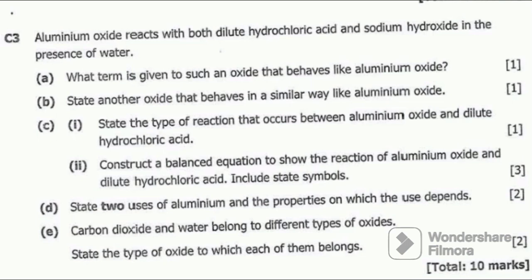Under amphoteric oxide, this is where you can react zinc plus oxygen to form zinc oxide, which is an amphoteric oxide. Aluminium plus oxygen makes up aluminium oxide, which is an amphoteric oxide.